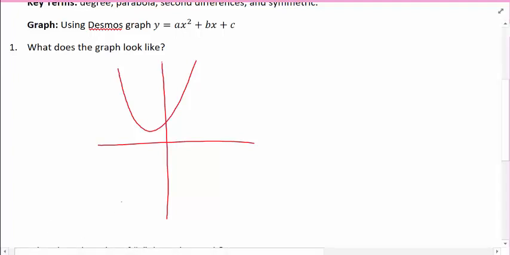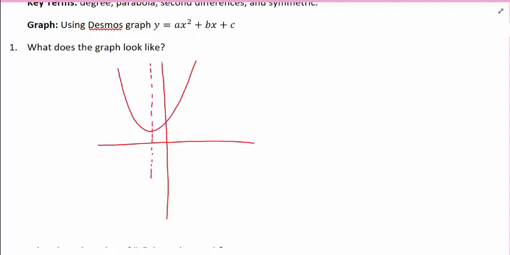Now, if you look at mine, maybe it doesn't look very nice here. But if we looked at the one in Desmos, what can you say about the curve about the middle here? It's symmetrical, right? So down the middle, if I were to put a mirror, then it will mirror on the other side.